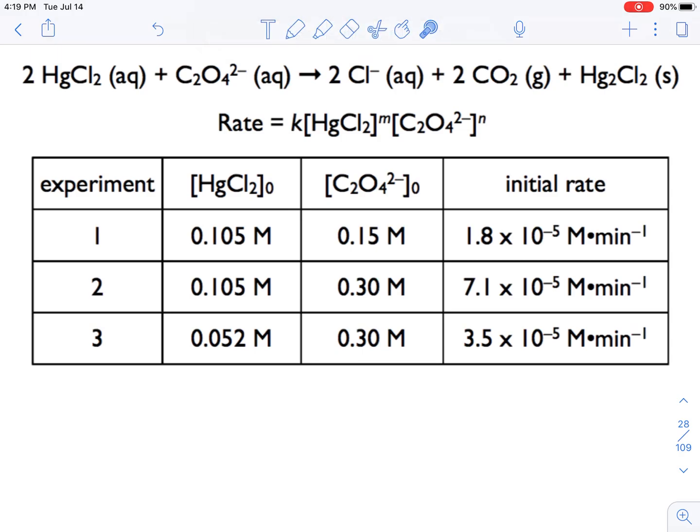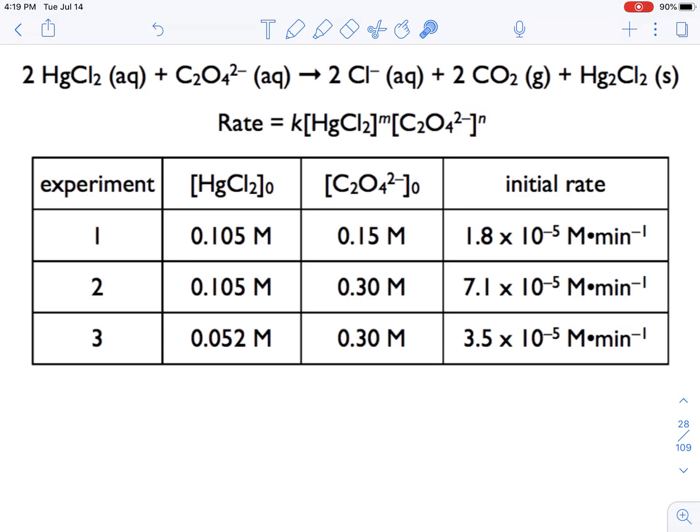Here we have trial 1, trial 2, and trial 3. The initial concentration of mercury(II) chloride, and we know it's the initial concentration because here we have this 0, or this naught. This notation lets us know that we're talking about initial concentration at time 0.